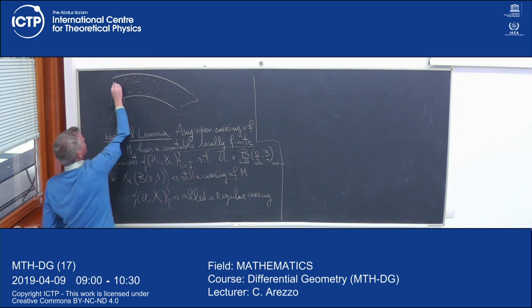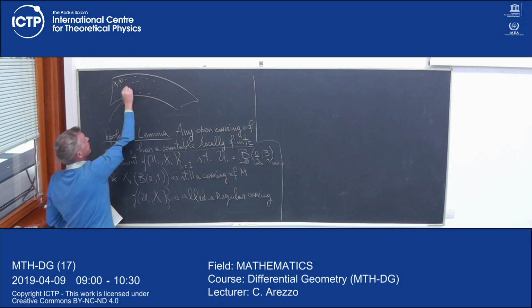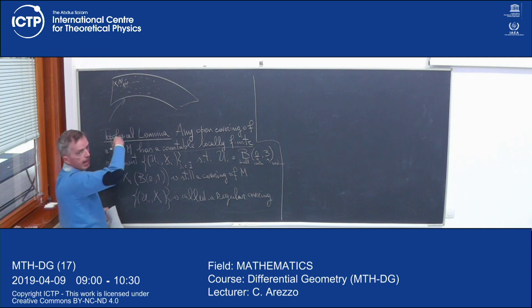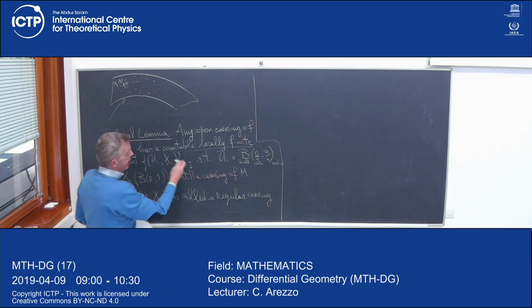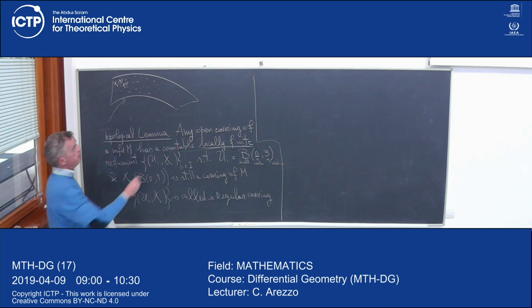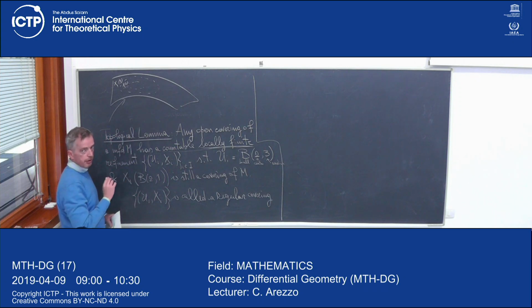This would be the image of the ball of radius 3, and this would be the image of the ball of radius 1. I know that just these ones, as i moves, cover everything. And the most important thing is that it's locally finite. If I pick a point, there will be only a finite number of these which touch this point.